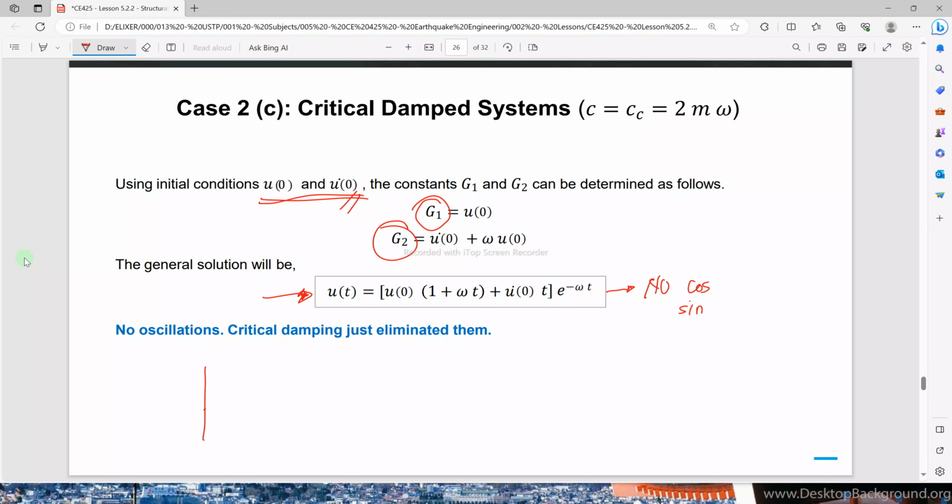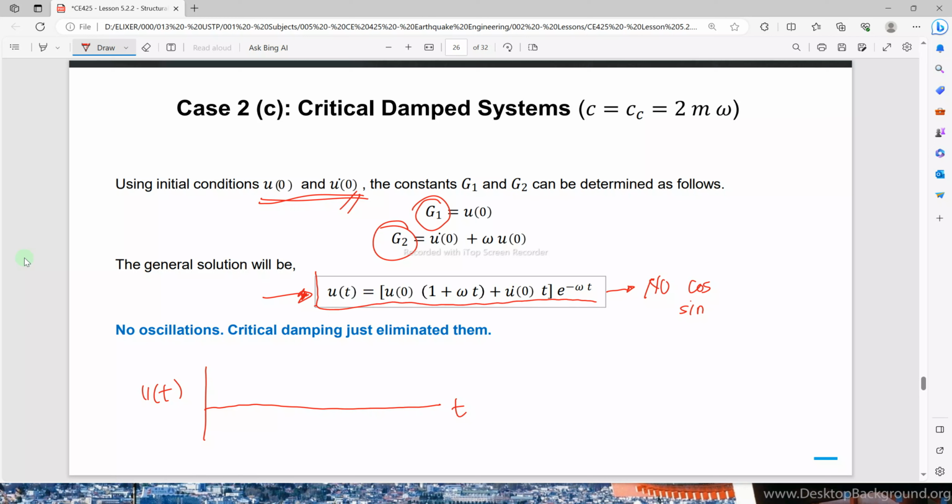So if you remember, if we graph the time versus the displacement, if there is a sine or cosine function, it is expected that the graph is cyclic or sinusoidal, we call this sinusoidal, or there is an oscillation or harmonic oscillation or motion. But if you look at this one, there is no motion.